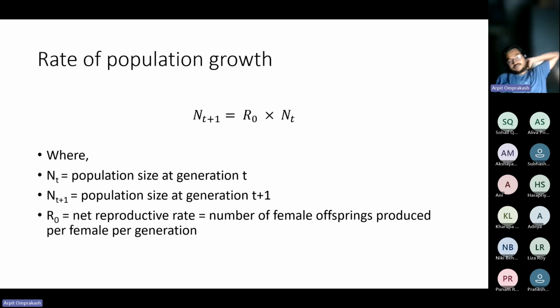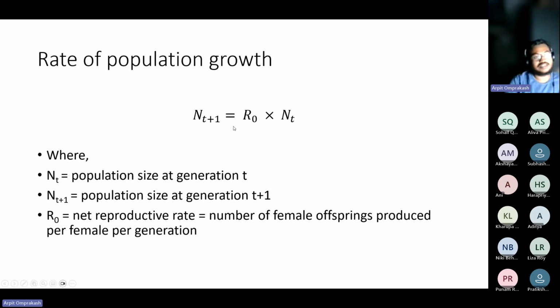So next, these are population demographic characteristics and so on. But how do we model the growth of a population? This is the exponential equation that is used to model the growth of a population. Here N_t is the size of the population at generation t.